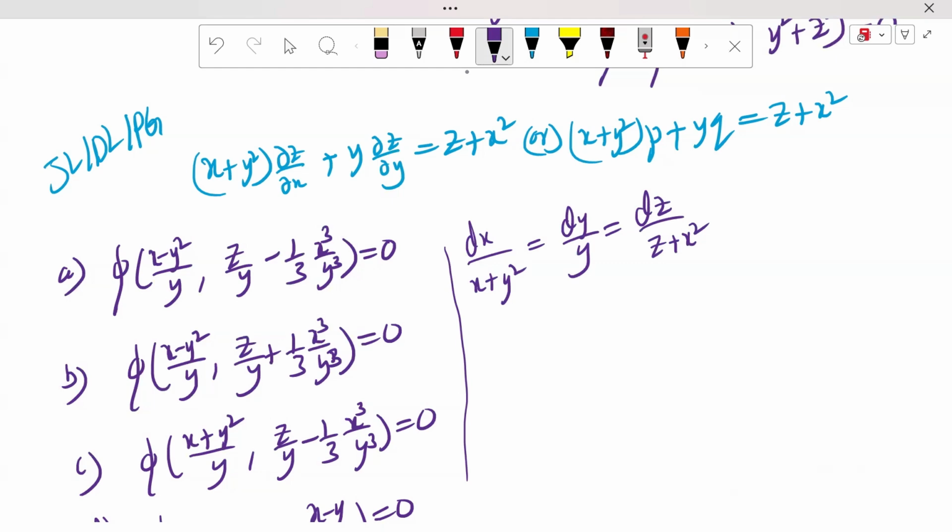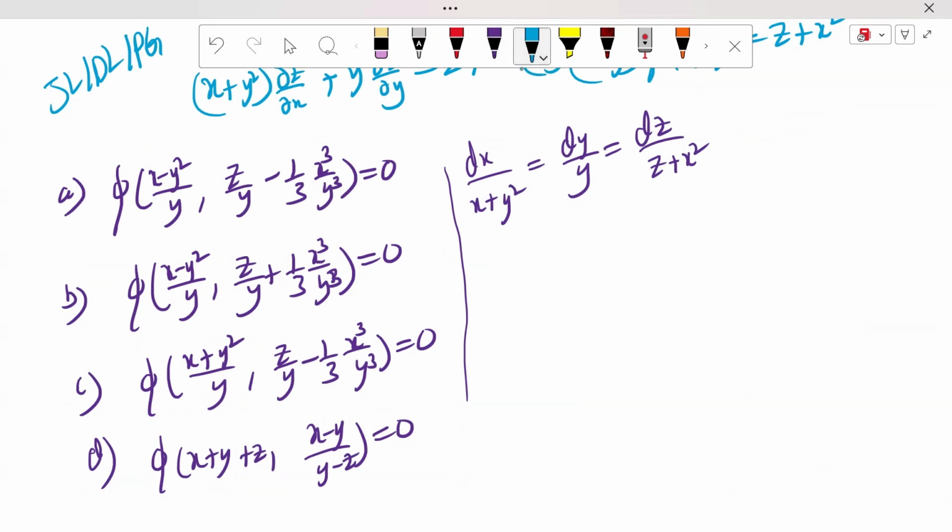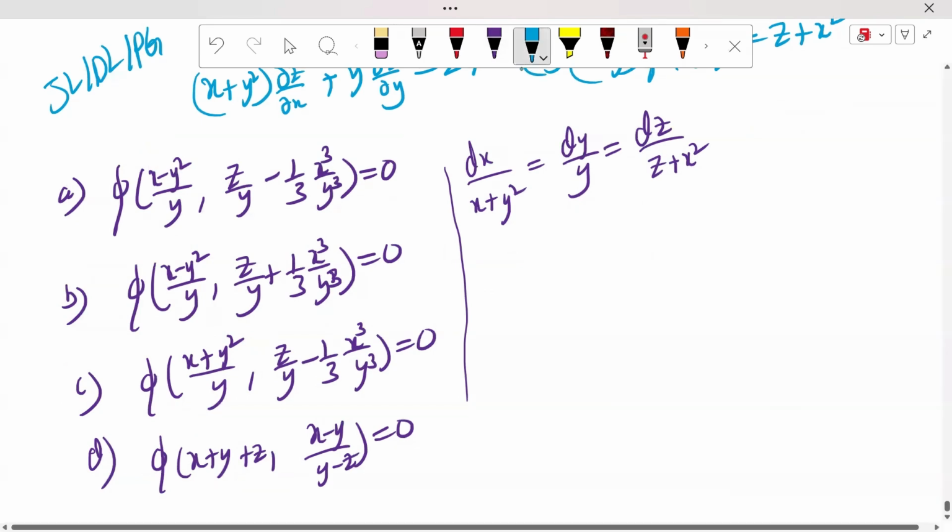This question can be solved by taking the first two fractions. It is an important question. So dx by (x plus y square) is equal to dy by y, and the other two fractions are dy by y is equal to dz by (z plus x square).